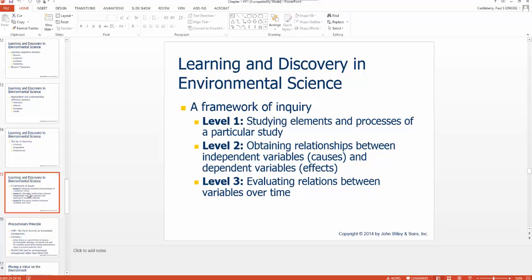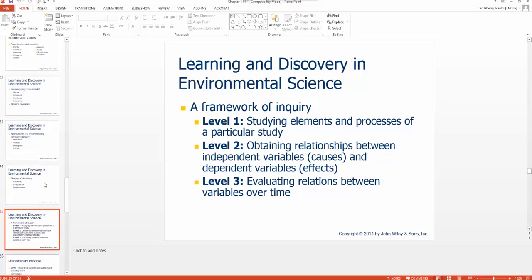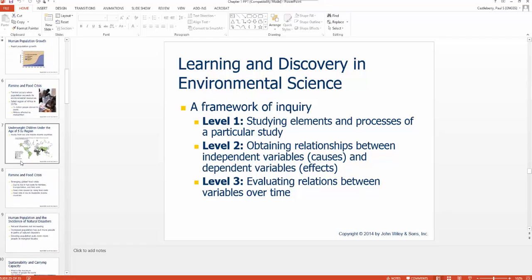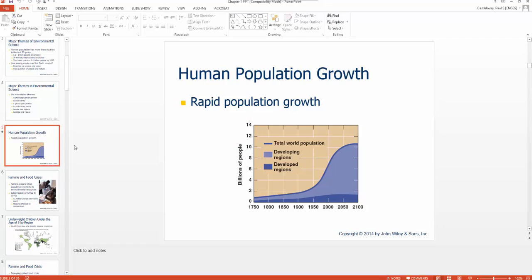Level 3 is when you begin to evaluate these relationships between variables over time. If we go back and look at an earlier slide that we had here, population growth. We can look at the effects that developing regions had on population growth.